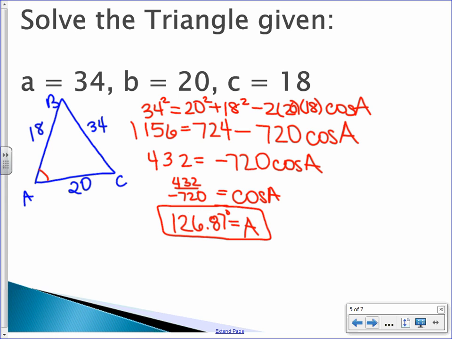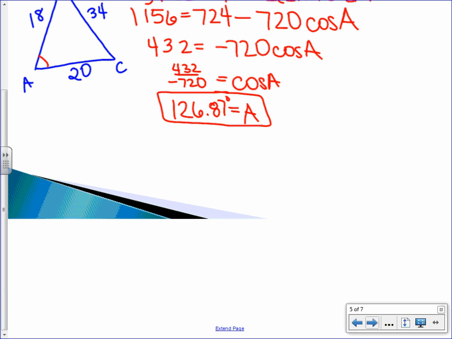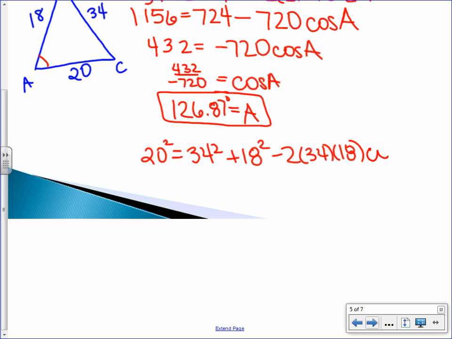Angle B. So for angle B, we need to take side B squared equals side A squared plus side C squared minus 2 times side A times side C times the cosine of angle B. All right, 20 squared is 400. What's 34 squared plus 18 squared?